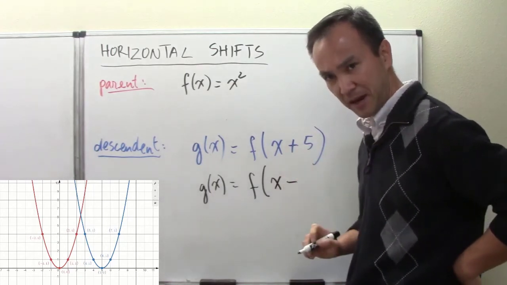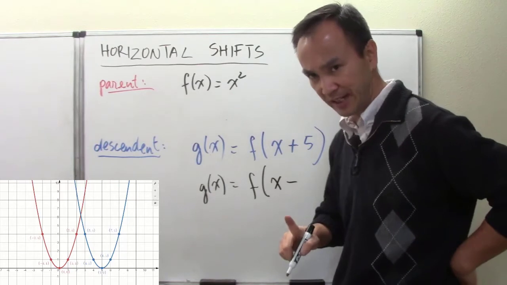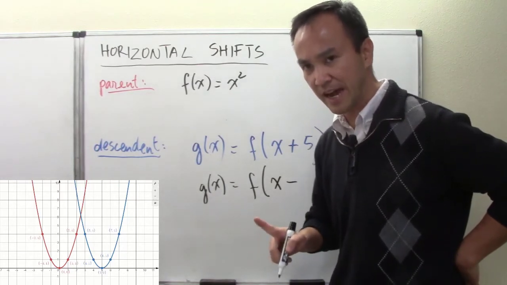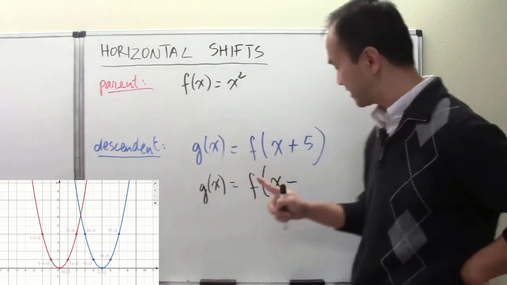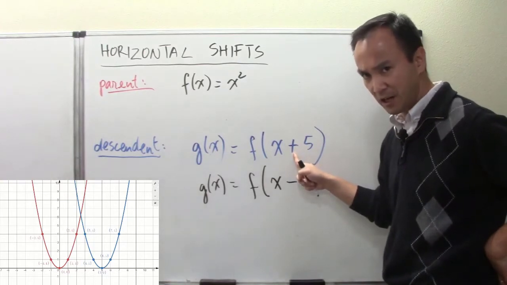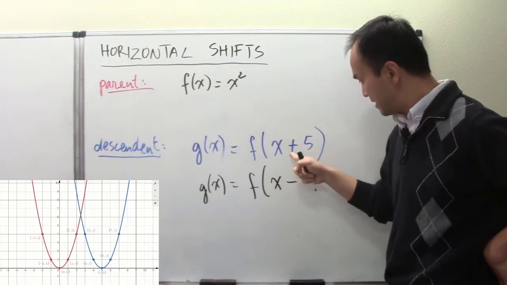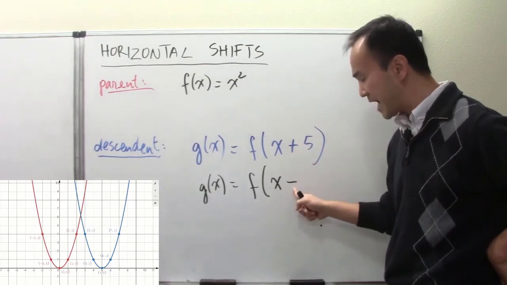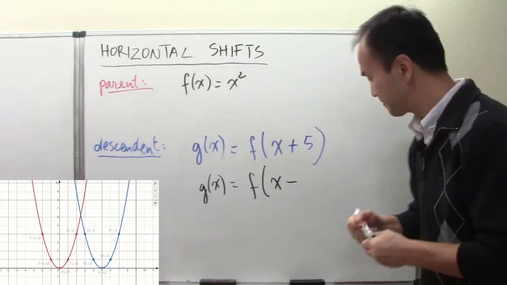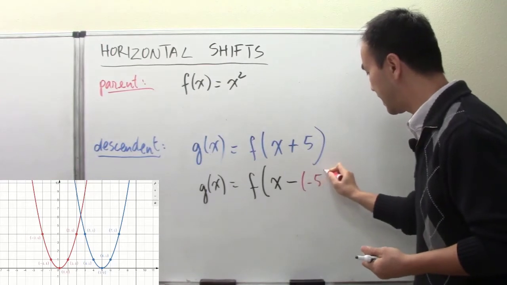I'm starting to bring it back to that convention I've been saying out loud earlier. I want x minus, because here it's a plus, not the operation that I've been asking everybody to pay attention to. So now plus 5 is the same as minus negative 5.